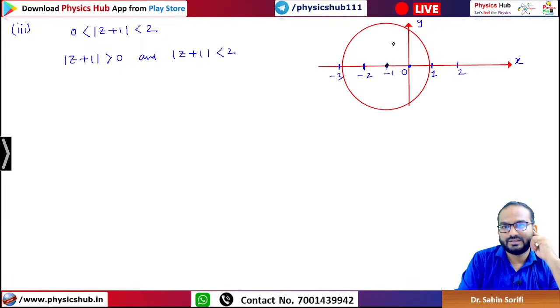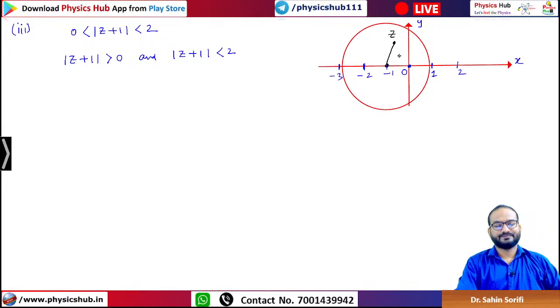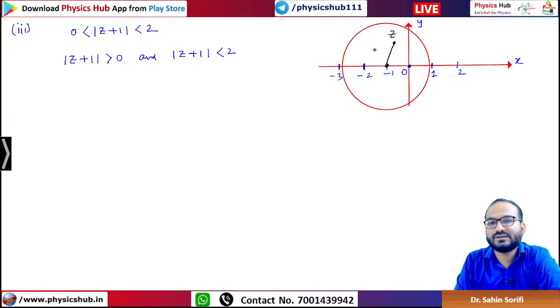So any point z if you consider, so this is this point z and this is, let's say, z plus 1. So this is the circle, as you can see. What does this circle represent? Z plus 1, right?